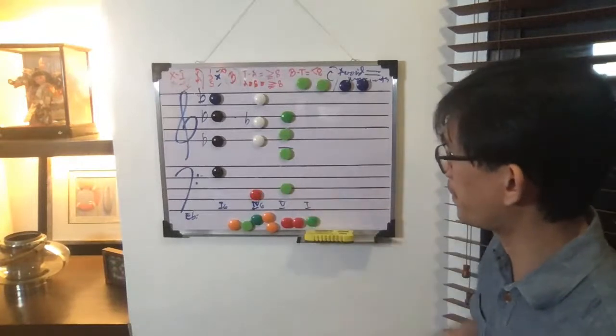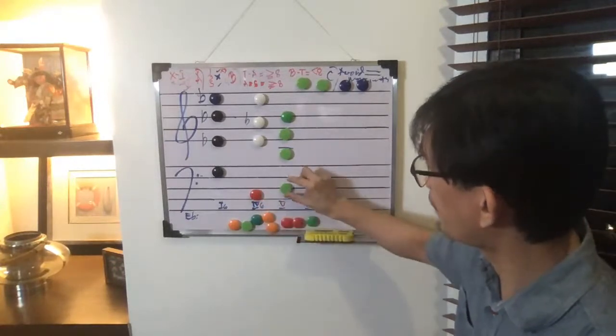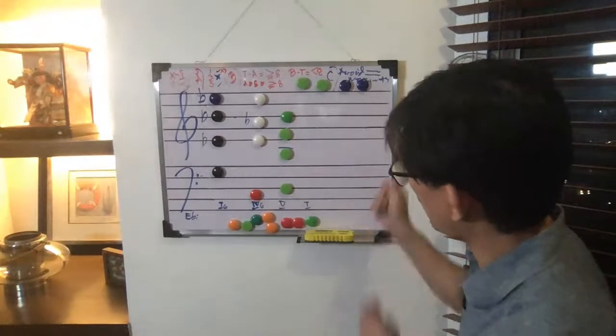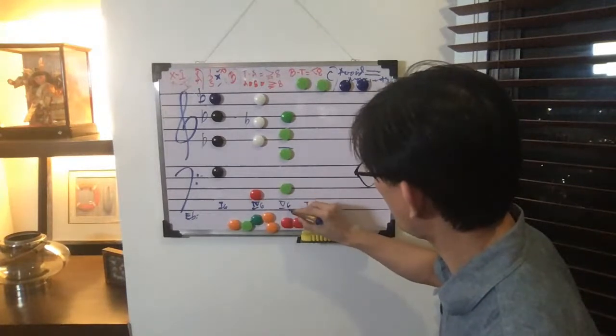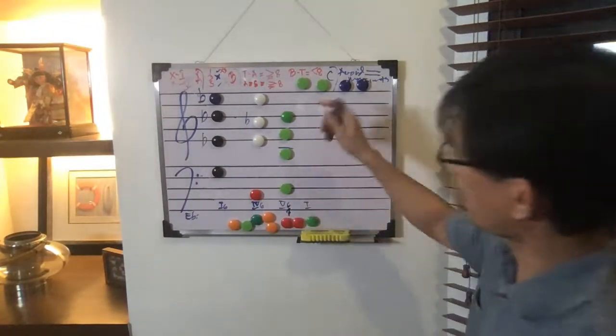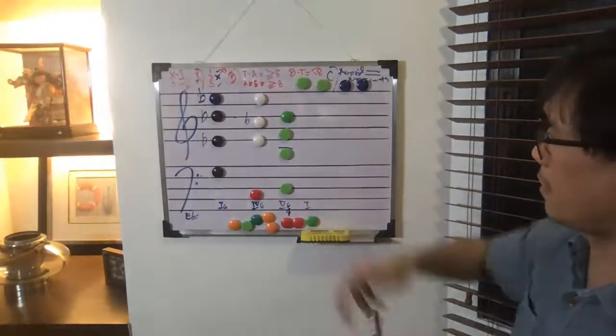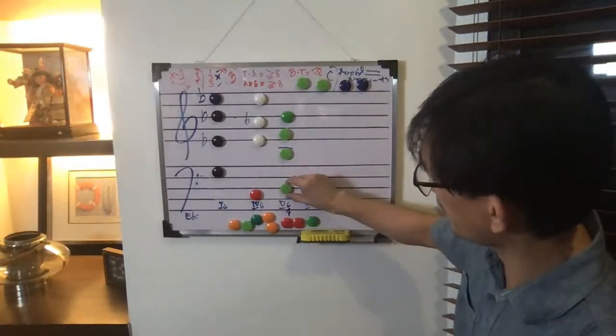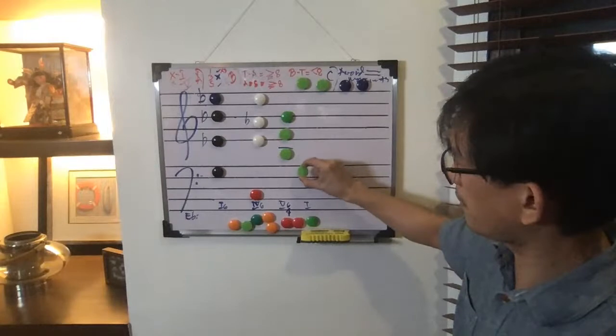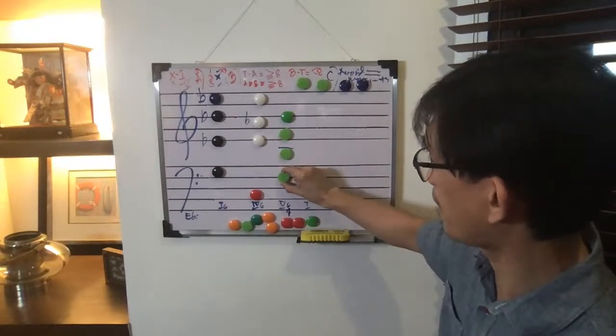So what is the fifth? It could be an F. So we can make it on 6/4. So that's the beauty of harmonization. If you don't like the arrangement, you can change the bass line.